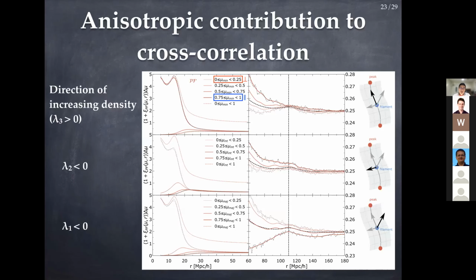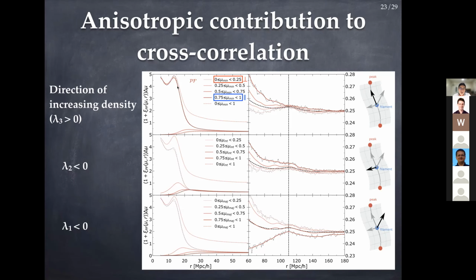So to answer this question, we now search for some preferential direction where the clustering is the strongest. So we actually measure the anisotropic contribution to the cross correlations. As an example here, I'm showing you a peak-filament case.